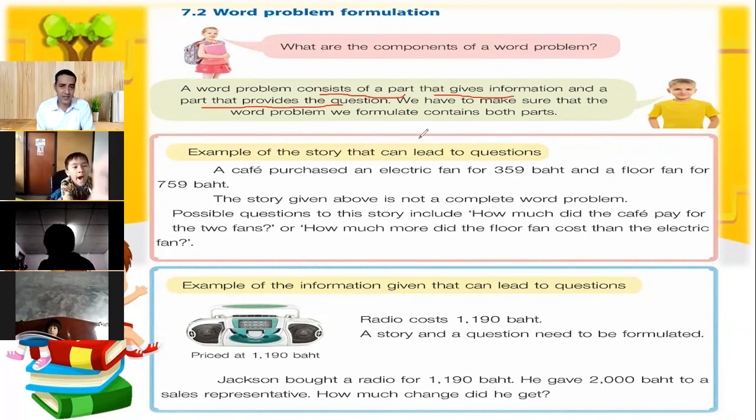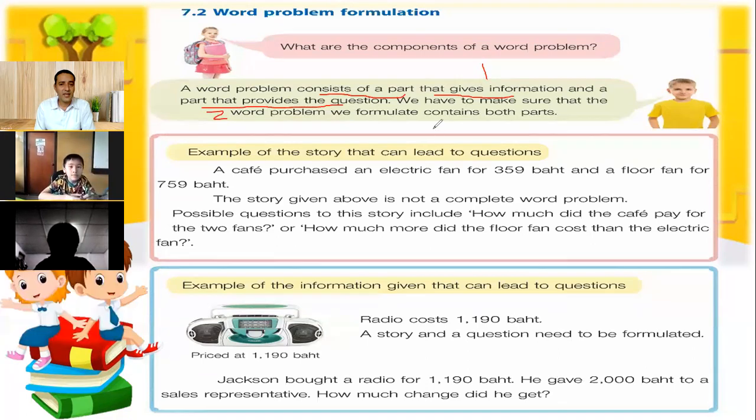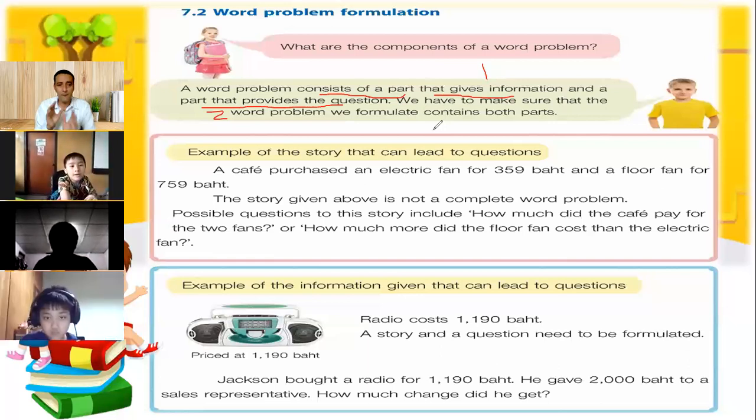They provide the question. Both of them are very important. Number one is give information. Number two is provide questions. So we have to make sure the word problem we formulate contains both.